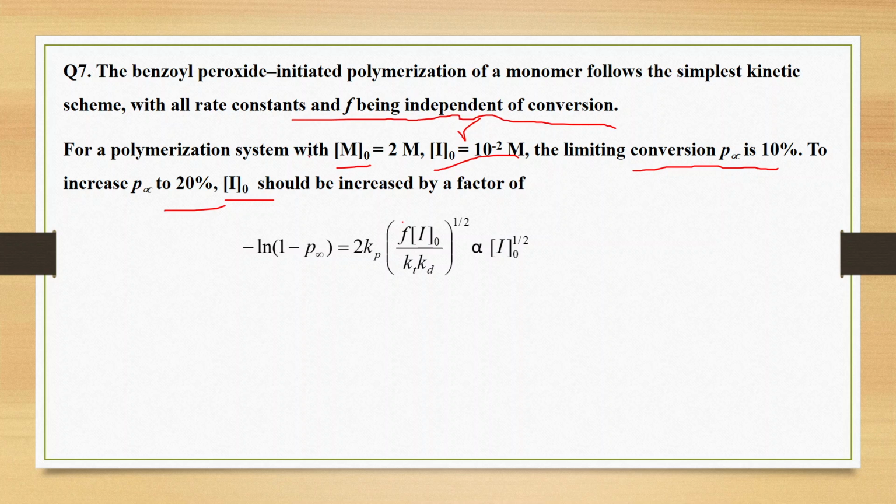As it has been said that irrespective of the conversion, these values are the same. If these values change, then you cannot take them as constant. As they are constant for any conversion, these values will be the same for 10% or 20%. So the only varying parameter here is I0.